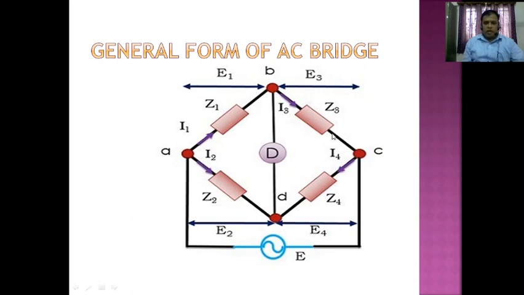So here we are having four arms and four potentials or four voltages we can say here, and Z1, Z2, Z3, Z4 are the impedances. I1, I2, I3, I4 are the currents flowing through it, and E is the source here. So all this source is being distributed in these four arms, and that is E1, E2, E3 and E4.